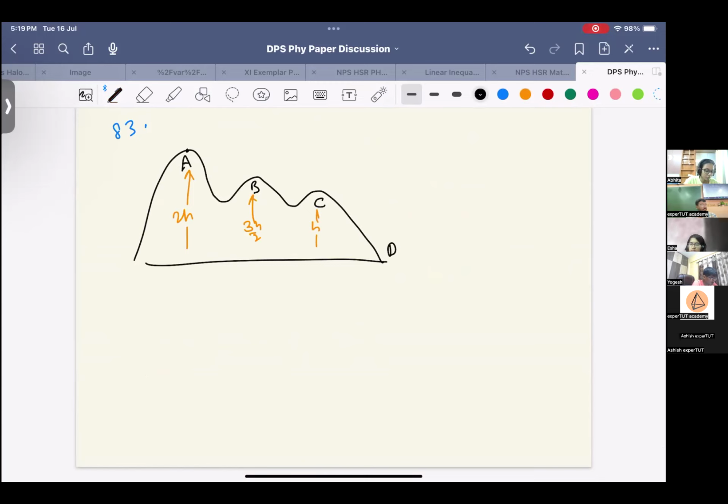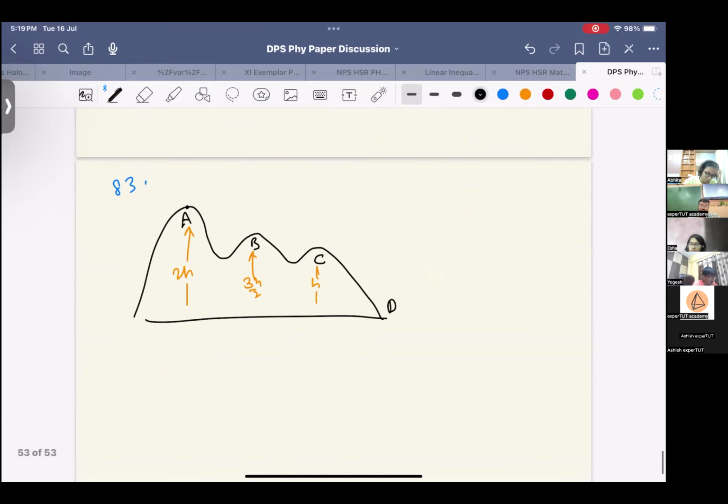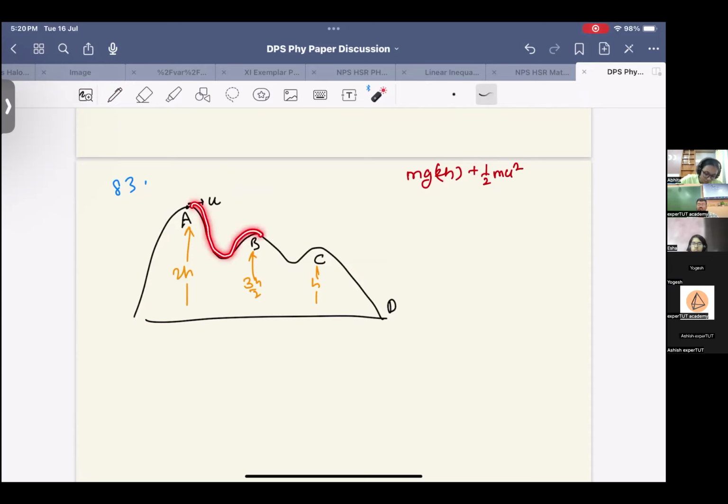And it is said that at point A there is already a speed u on the circular track. So what is the energy at point A? It is mg into 2h plus half m u square. This is the total energy at A. Further, it says that when it slides down, there is no friction anywhere. If there is no friction anywhere, the energy will be the same at B, at C, and at D. What are they saying?